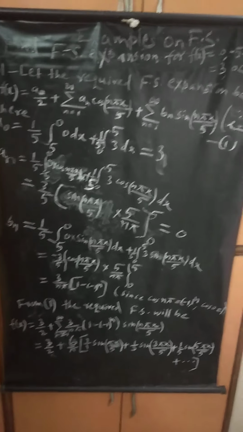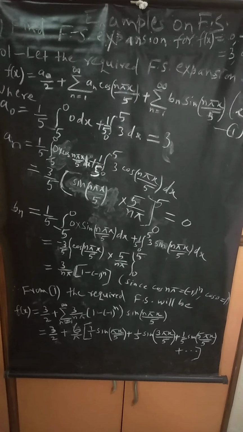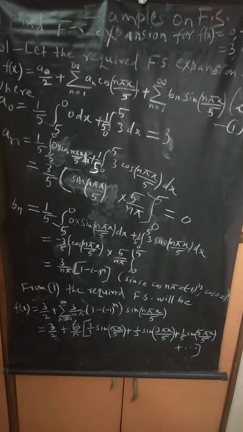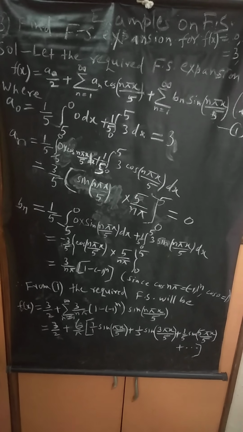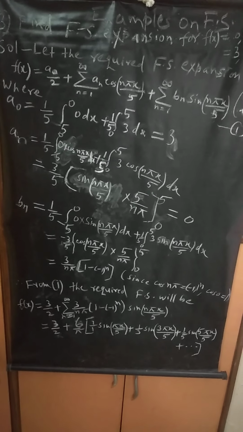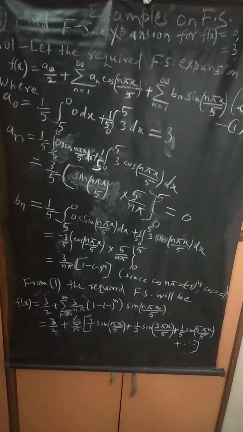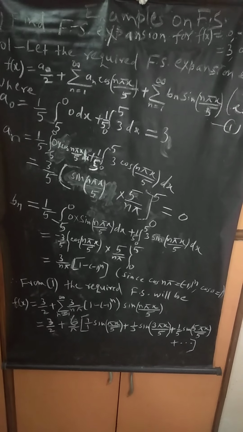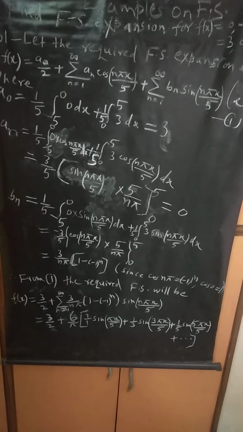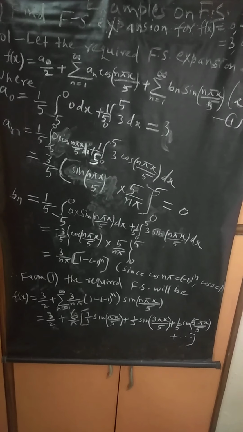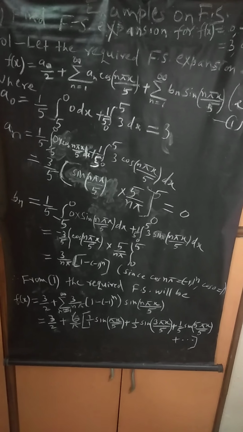Next, bn is 1/5 integral from minus 5 to 0 of 0 into sin(n pi x/5) dx, plus 1/5 integral from 0 to 5 of 3 sin(n pi x/5) dx, in exactly the same way. Here also the first integration is 0 and the second integration is as follows.